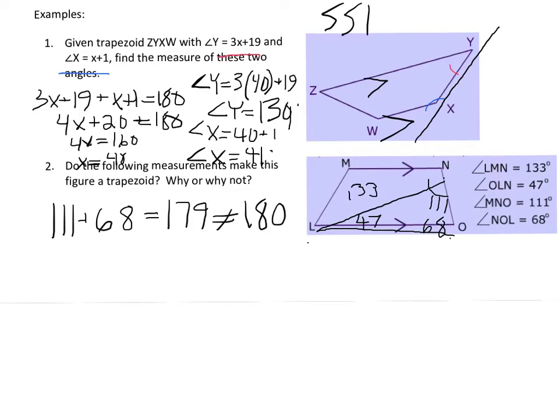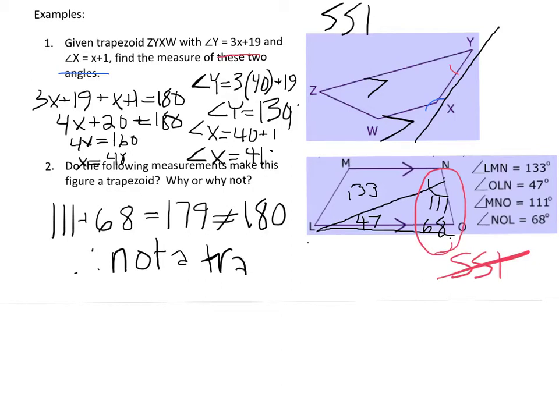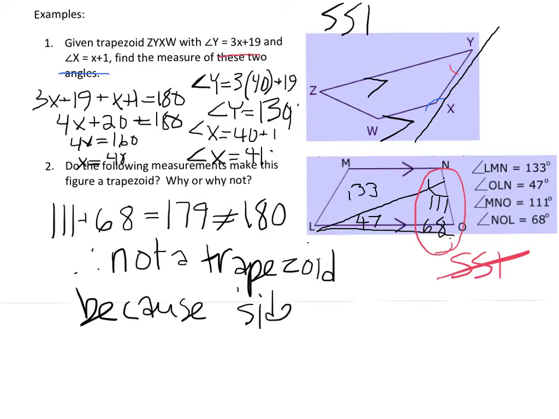So I don't even really need to mess with that odd 47 degrees, because I initially know that these two should have been same side interior angles adding to 180, but they're not. Therefore, not a trapezoid, because the sides are not parallel.